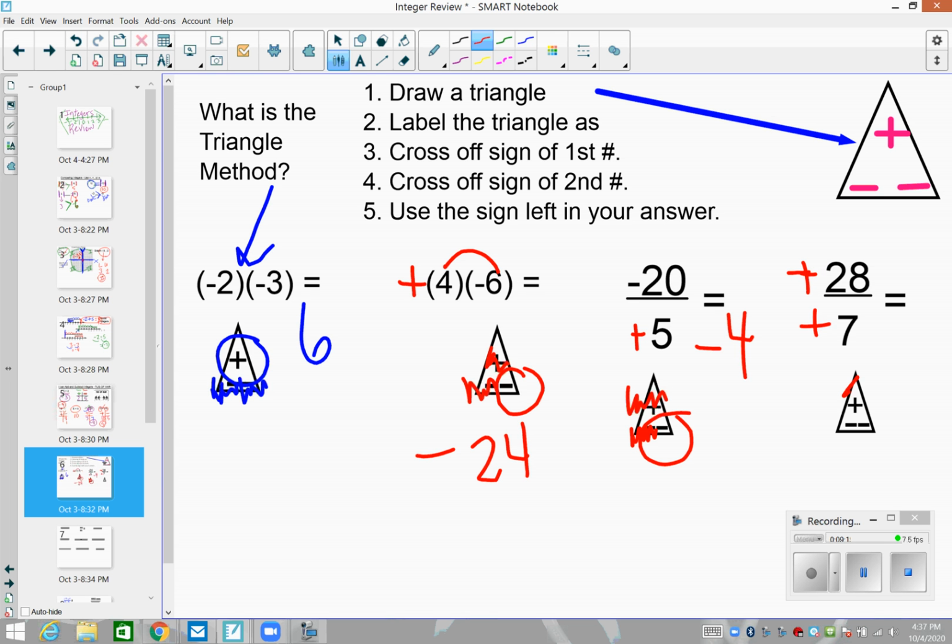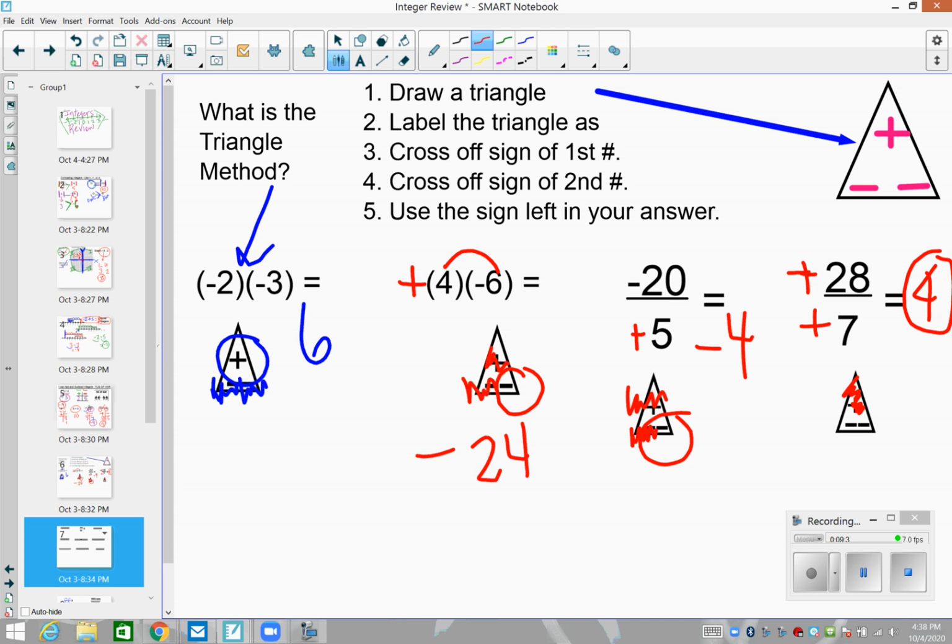So we have a +28, we have a +7, and we go to our triangle and we realize that we don't have any more positive signs. What's going on? And that's where you realize, oh, duh. Positive divided by positive, of course, is just positive. So that answer to that would just be +4. Cool. All right.